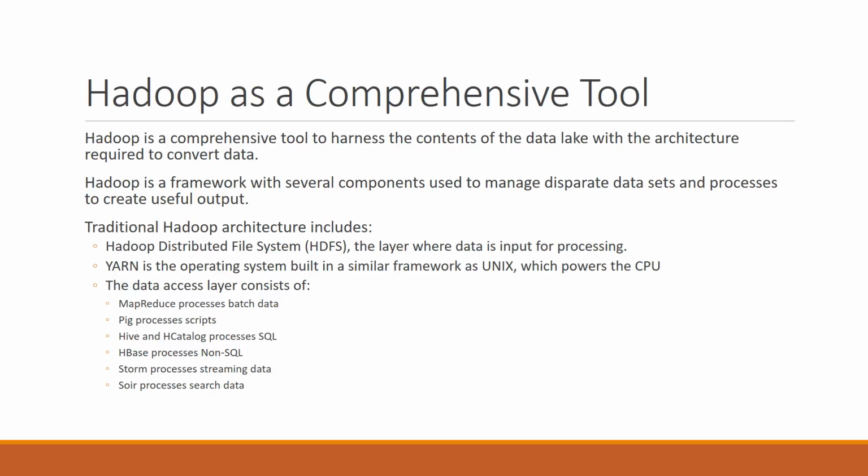YARN is the operating system built on a similar framework as Unix, which powers the CPU for Hadoop. And then the data access layer consists of several components, which include but are not limited to MapReduce, which processes batch data, Pig, which processes scripts, Hive and HCatalog, which processes SQL, HBase, which processes non-SQL, Storm, which processes streaming data, and Solr, which processes search data.